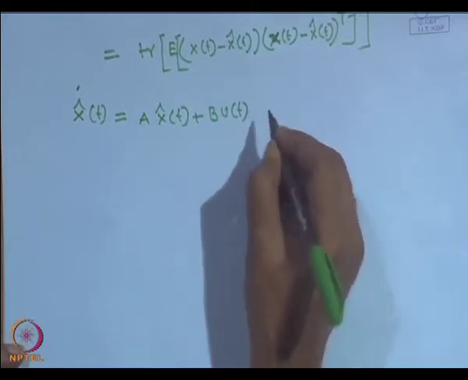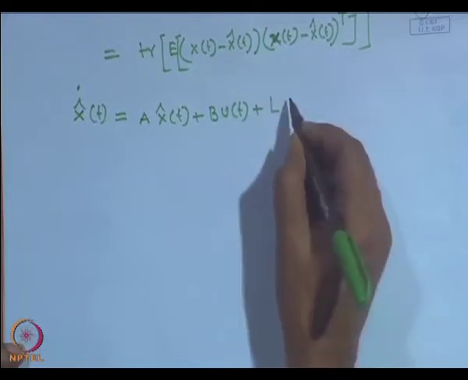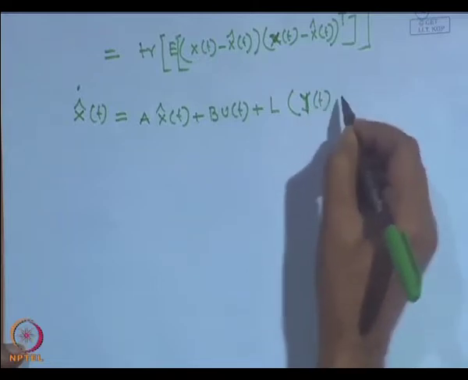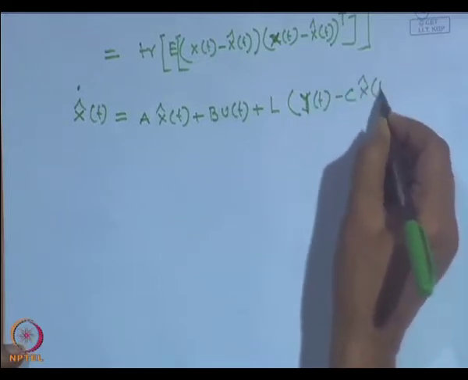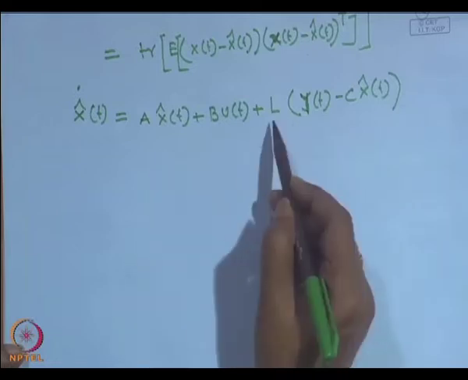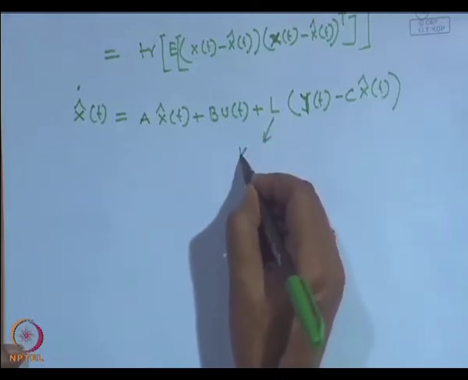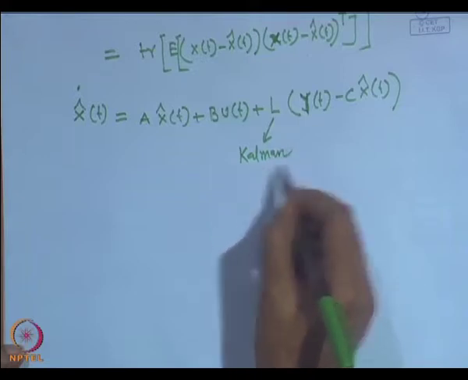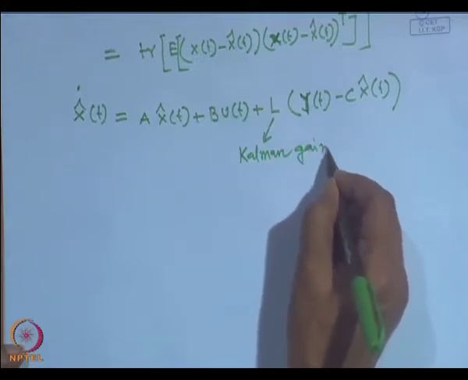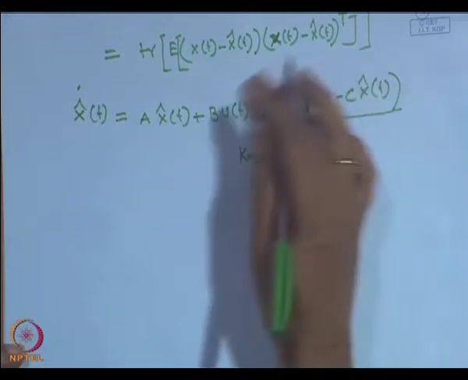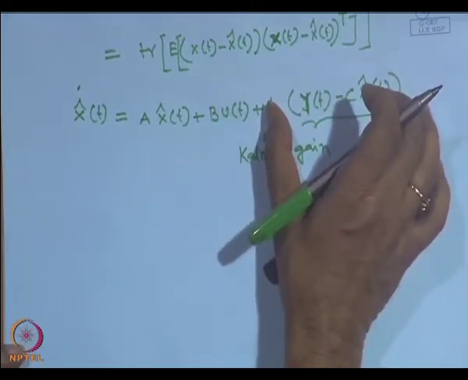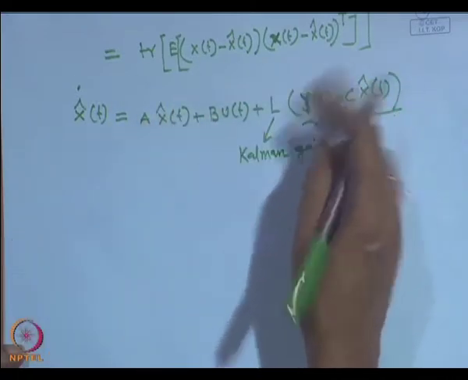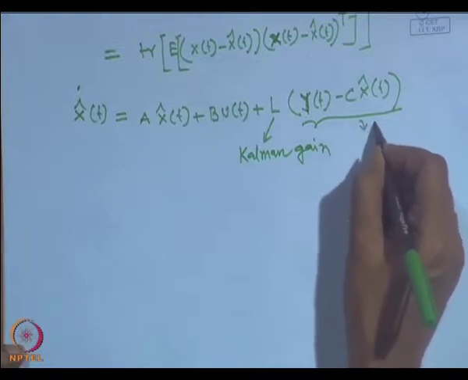So, this plus L into (Y(t) minus C x hat(t)). Look at that one: this L is the Kalman gain, and this is the error. So, this third term is the error correction; at each iteration, each time, it will correct the error.